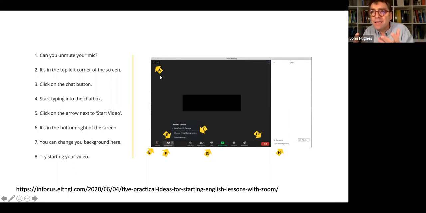Okay, it's A. So they're matching these really useful phrases for talking about the technology and matching it to the screen. For me, as an English teacher, this is more useful than me testing the students if they know where the things are on Zoom.